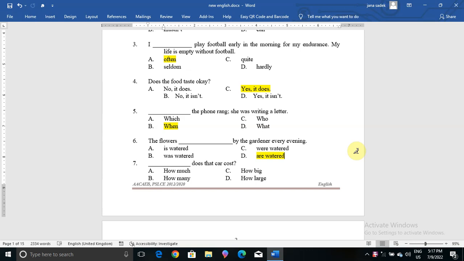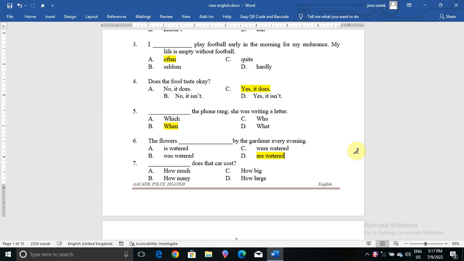Now we have A and B, which are how much and how many. The difference between how much and how many is that how much is for uncountable and how many is for countable, right? And now what we have is money. Is money countable or uncountable? Of course money is uncountable.